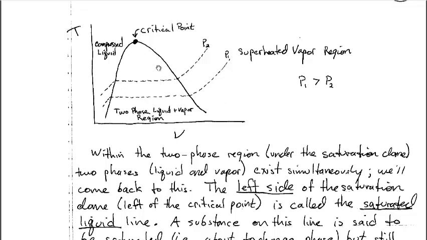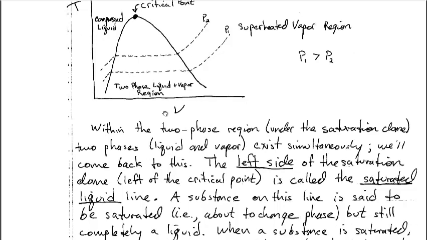Okay, so now there are some additional features to this saturation dome that we need to be familiar with. First of all, this line of the saturation dome that's to the left of the critical point, we call that the saturated liquid line. So remember how I said that there was a reason why we called this compressed liquid? Well, the reason is because if the substance is anywhere right on this line, somewhere along this line, then that is called a saturated liquid.